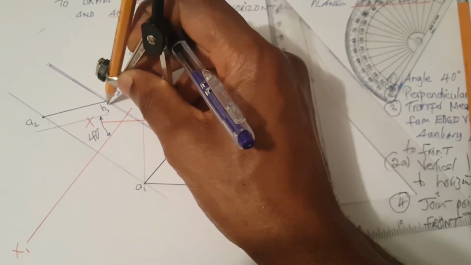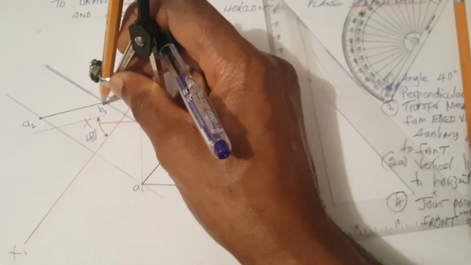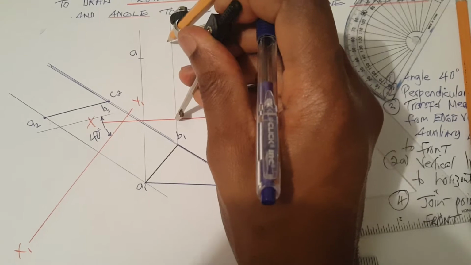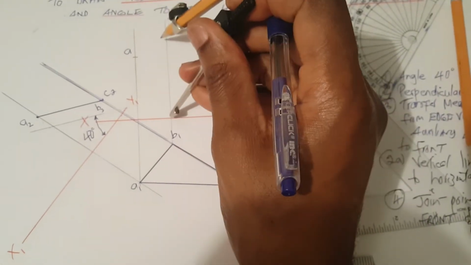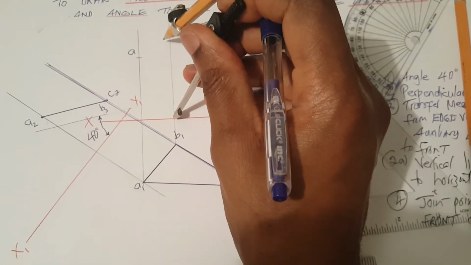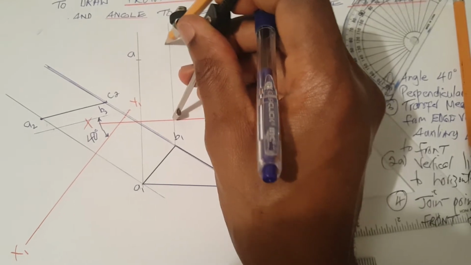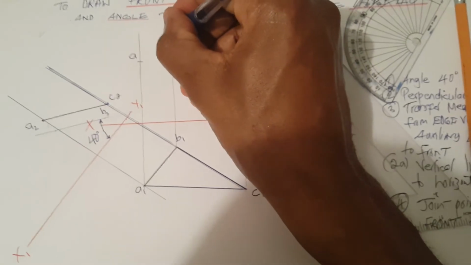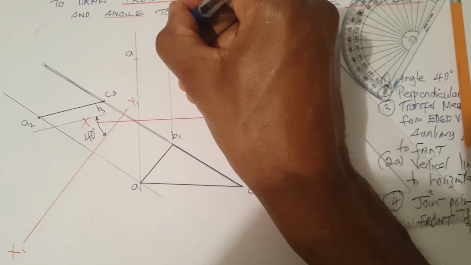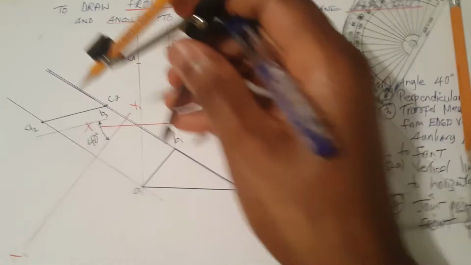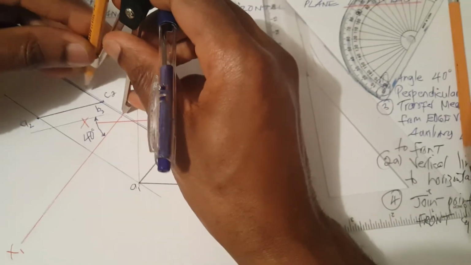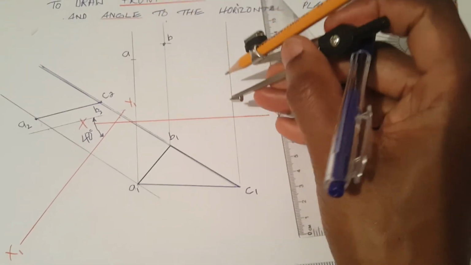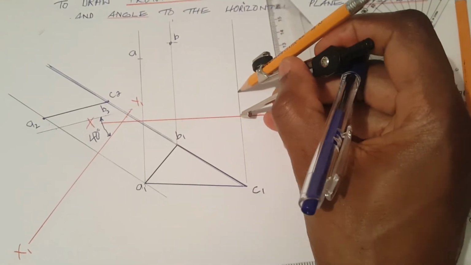B is the inner one, yeah, B. Then go to my B line, transfer that distance, B. Then go to C, and again transfer that distance to C.